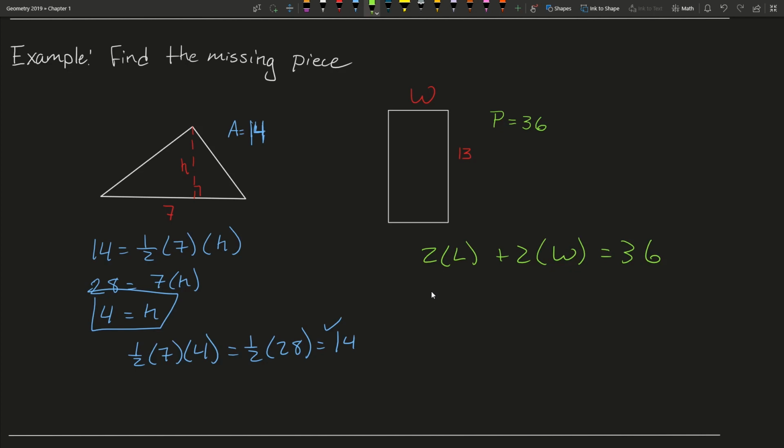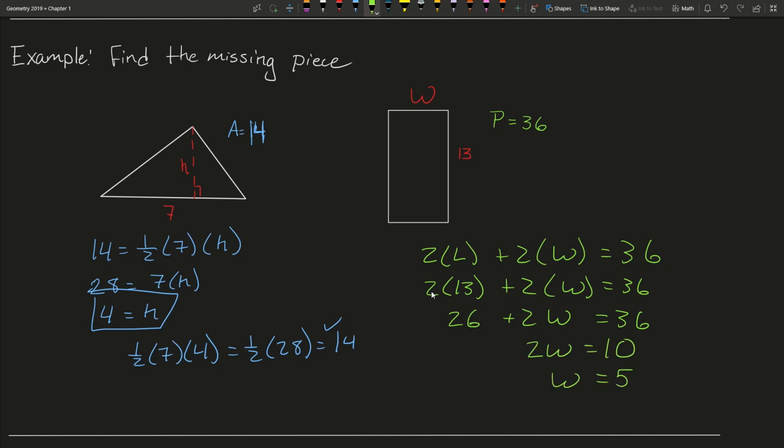In this case, our length is 13, so 2 times 13 plus 2 times the width is 36. This is 26 plus 2w is equal to 36. If we subtract 26 from both sides, we get 2w is equal to 10, and w is equal to 5.